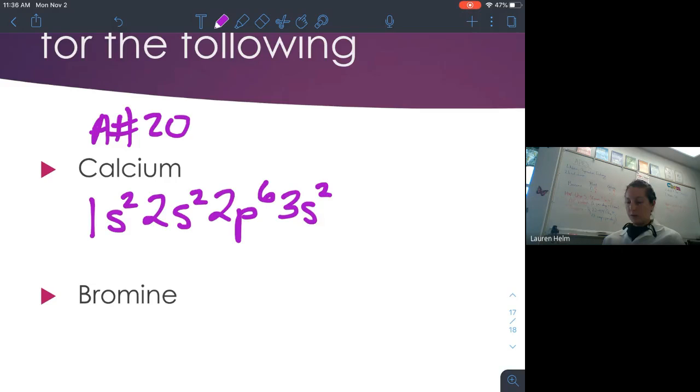Now I'm at 12. 3p holds 6. That's 18. 4s holds 2. This is what we call the electron configuration of calcium. It tells us where all 20 of calcium's electrons are.